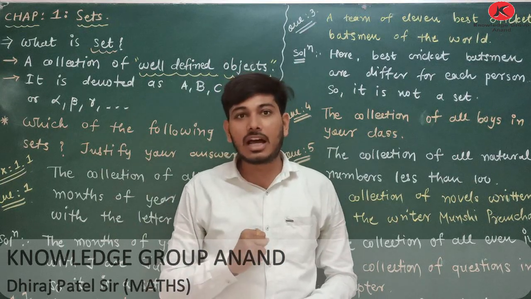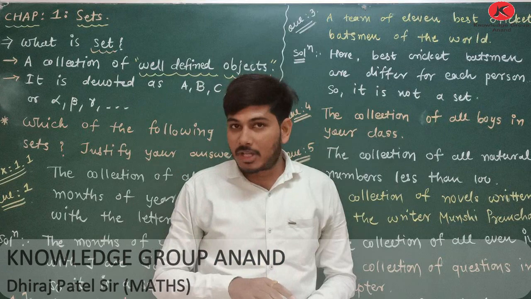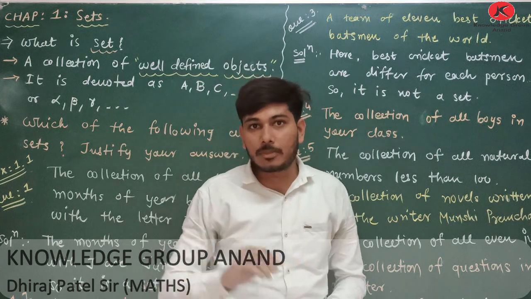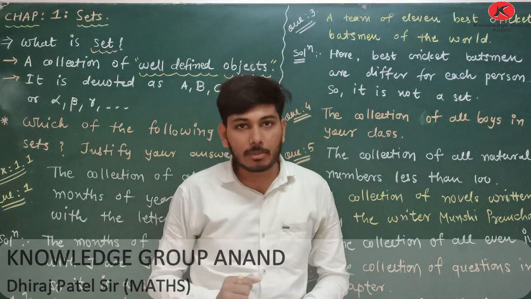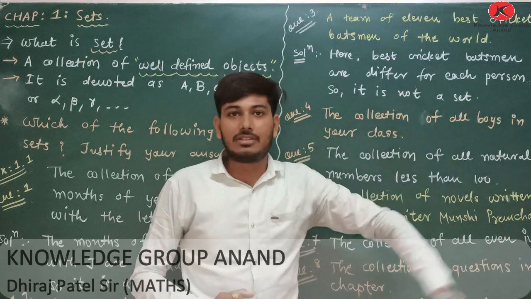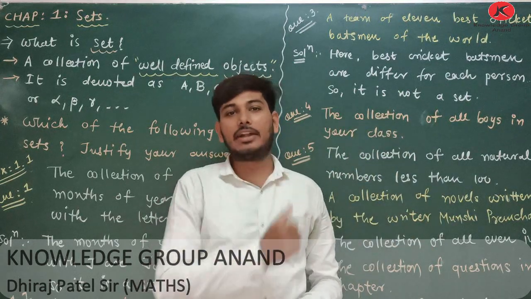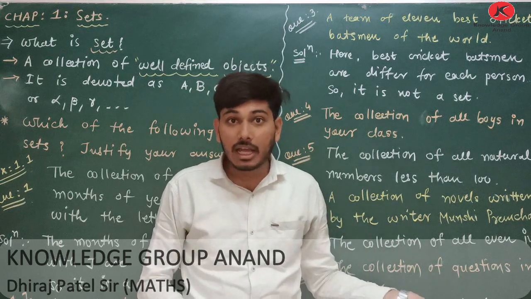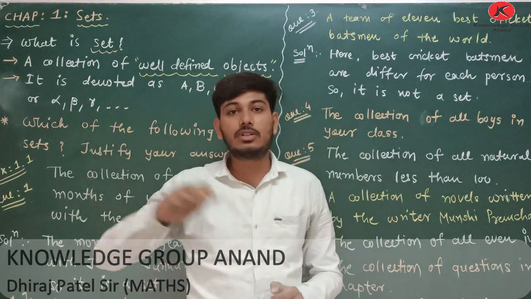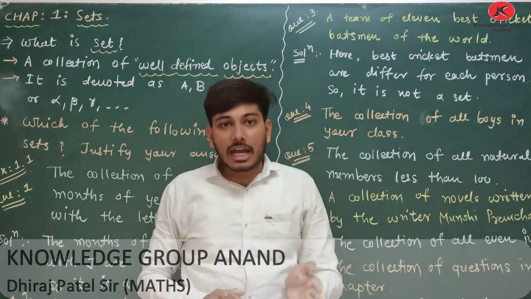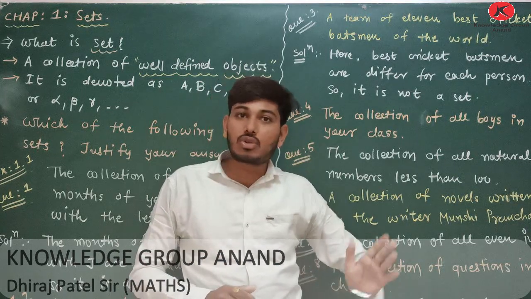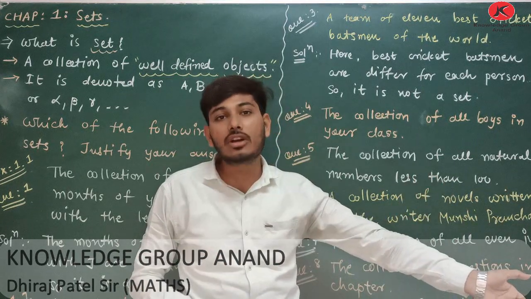Suppose I give the answer MS Dhoni, Sachin Tendulkar, and Rohit Sharma. If I ask you, some of you say Virat Kohli and Rohit Sharma. Some of you say Virat Kohli, Rohit Sharma, MS Dhoni, and Sachin Tendulkar.